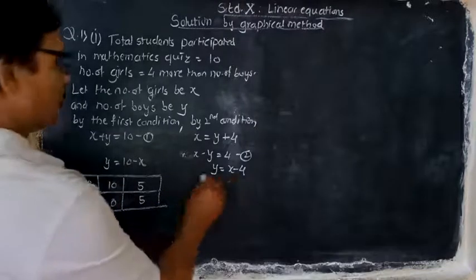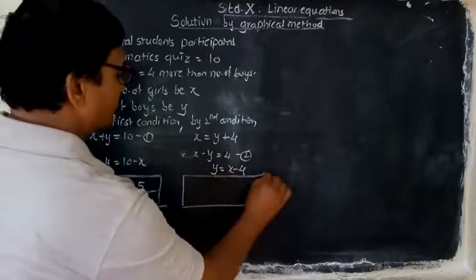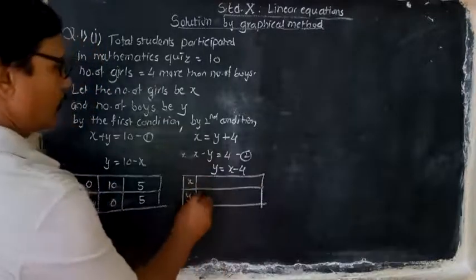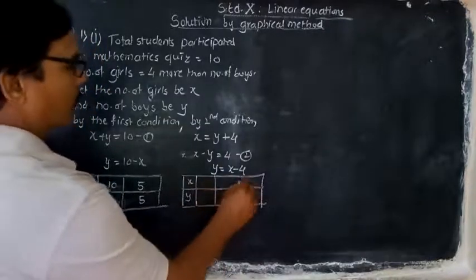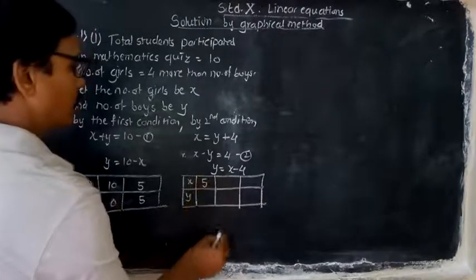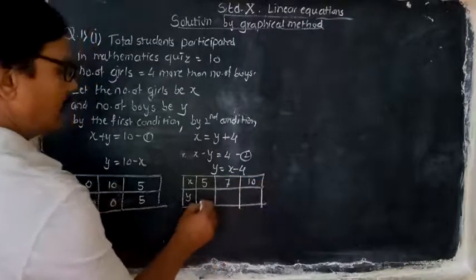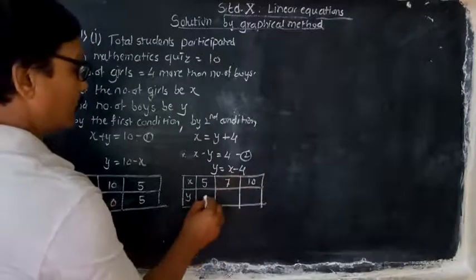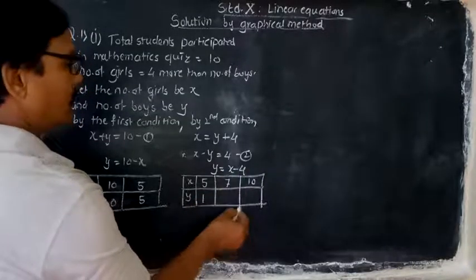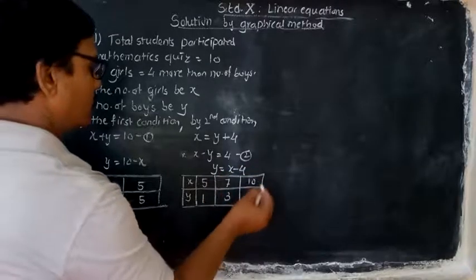Then for the second equation, we have to take positive values of X only. X and Y are the 2 coordinates. Now we have to take 3 points. Suppose we take X is equal to 5, 7 and 10. Then Y is equal to 5 minus 4 is 1, 7 minus 4 is 3, 10 minus 4 is 6.